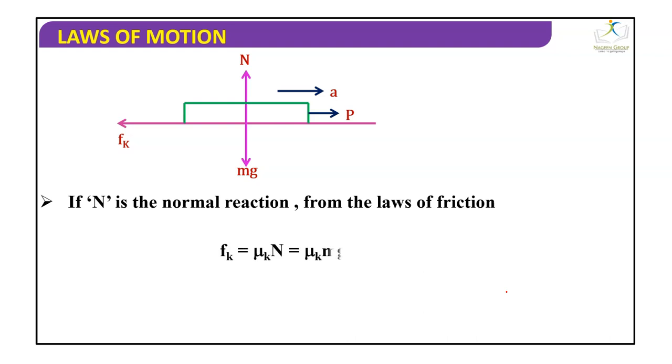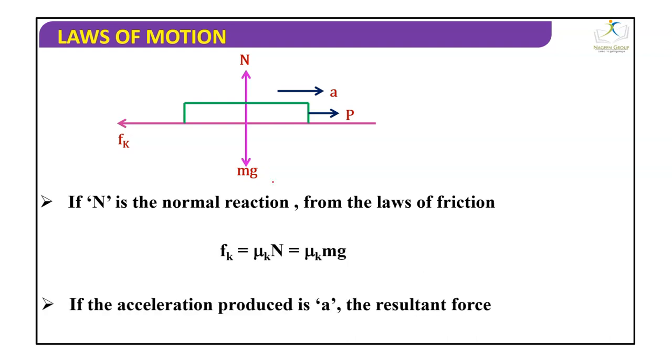If N is the normal reaction, from the law of friction Fk is equal to mu k N. N is balanced by mg, as I told you, so in place of N we can write mg, from equation 1.